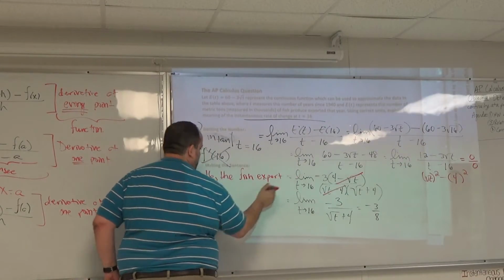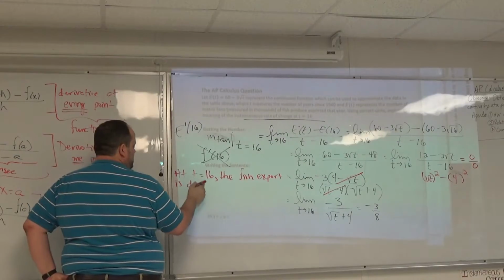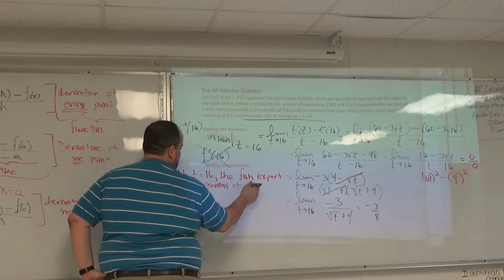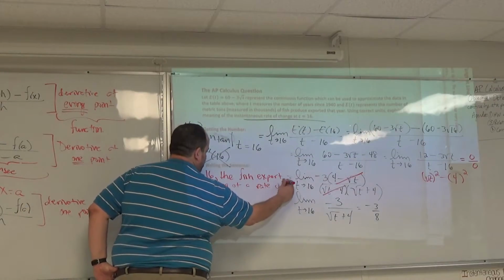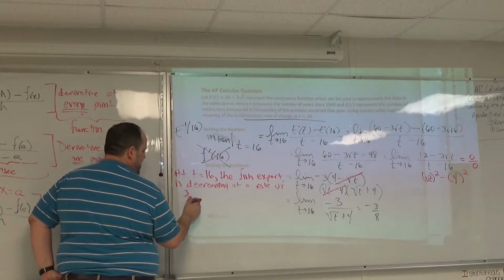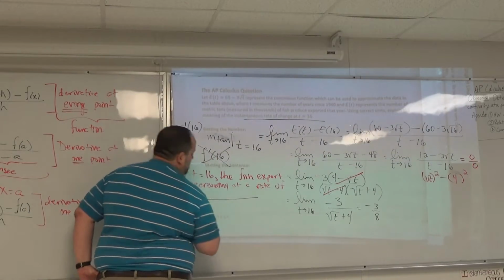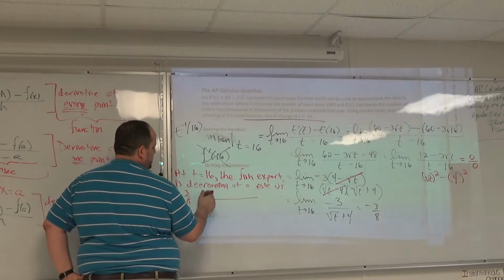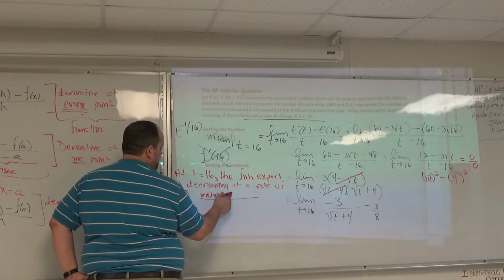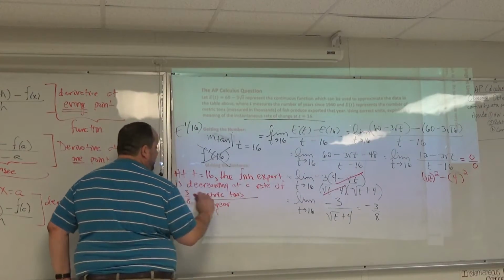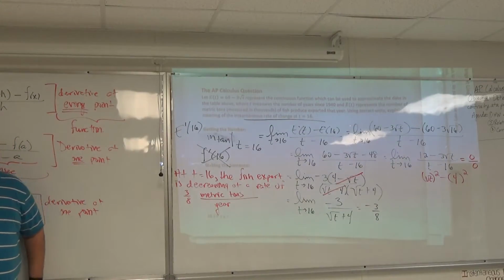What's the fish export doing? Decreasing at a rate of 3/8 metric tons per year. I like it, I don't love it.